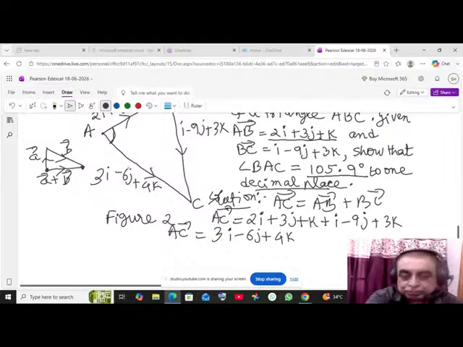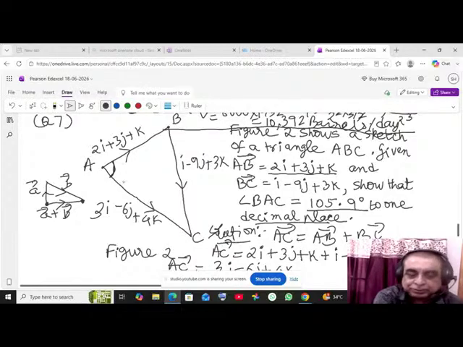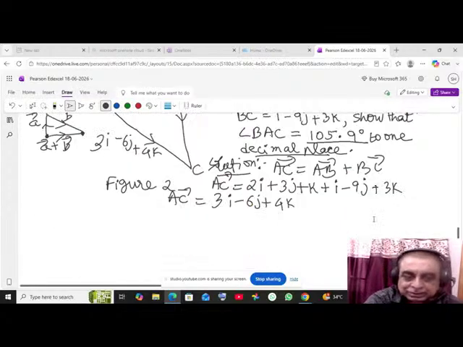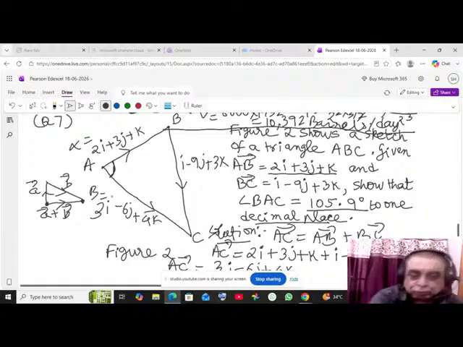Now we have to find the value of the angle A. For that, we do the dot product of these two vectors. Suppose I call the vector AB alpha and the vector AC beta.